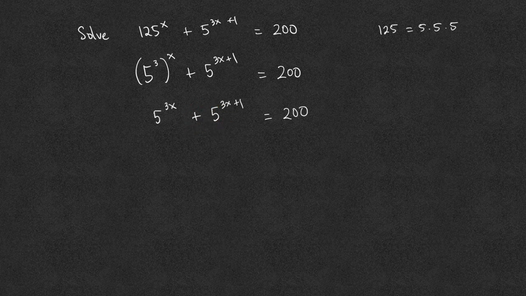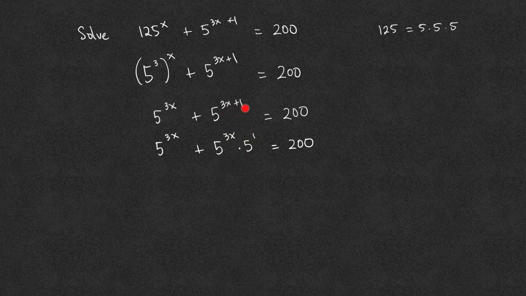addition. But we noted that we can also rewrite the second term as 5 to the 3x times 5 to the 1 power. When we multiply two exponential expressions, we add the exponents.